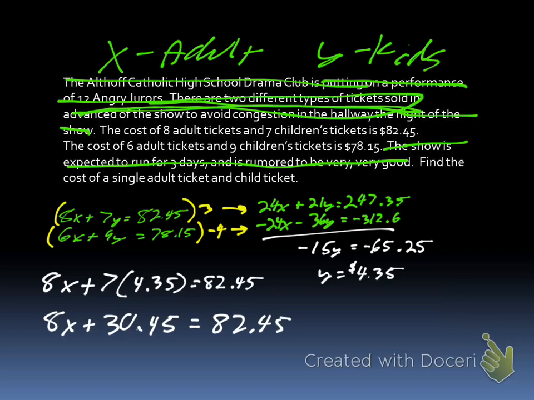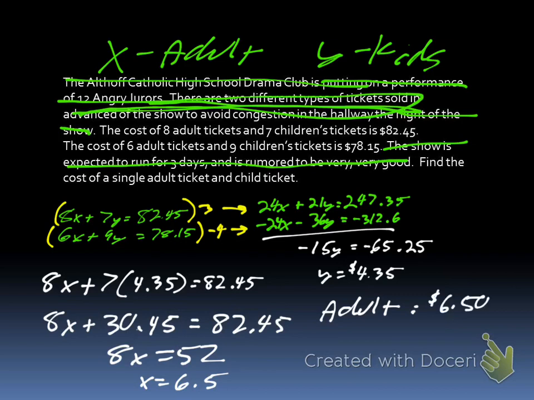Which gives you 8x = 52. x = 6.5. So put that in money. Write it out. Adult, $6.50. A kid or a student ticket, whatever you want to use, $4.35.